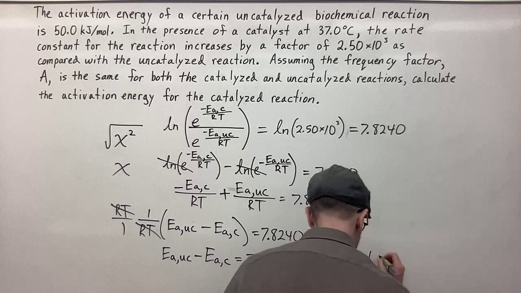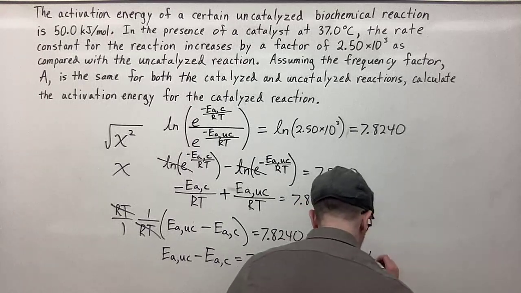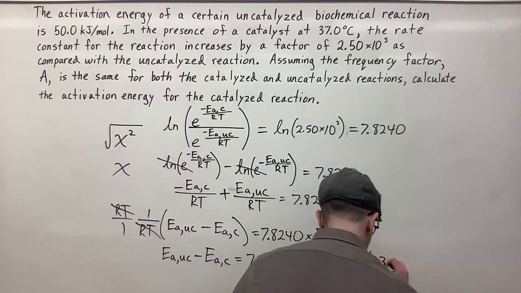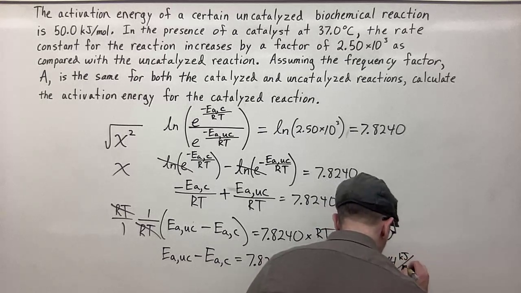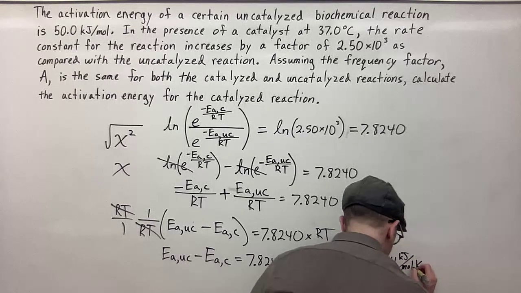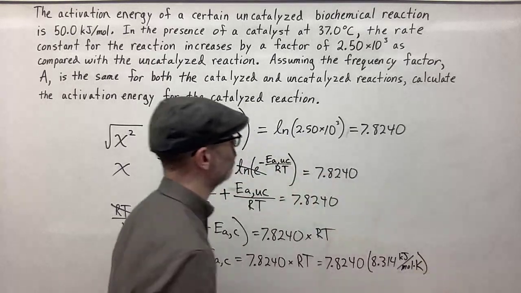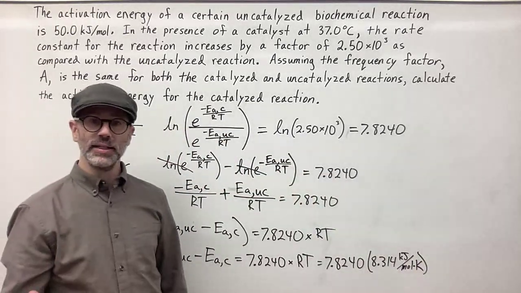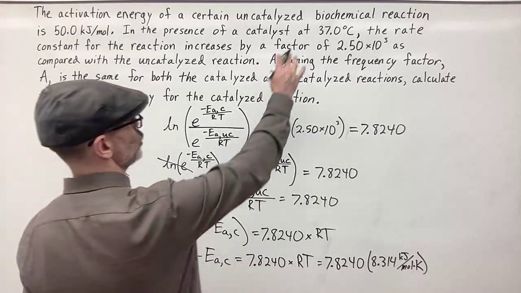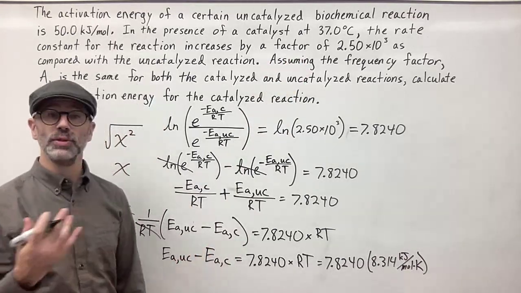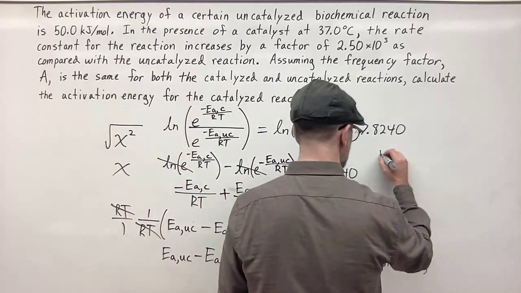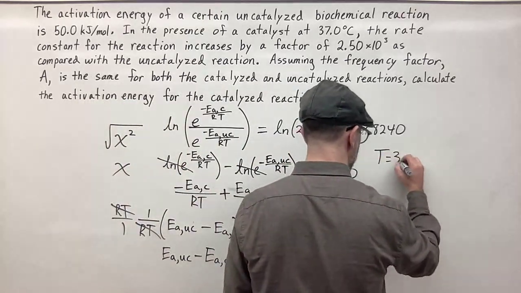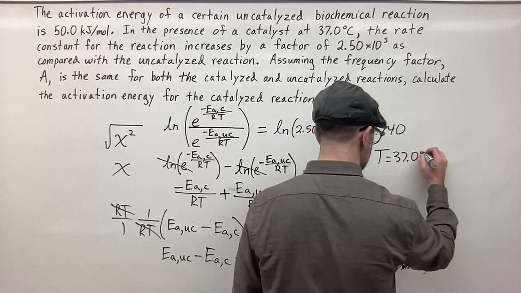7.8240 times R, which is 8.314 kilojoules per mole Kelvin, multiplied by the temperature, which we're told is 37.0 degrees Celsius. We need to convert that to Kelvin. So the temperature is going to be equal to 37.0 degrees Celsius.